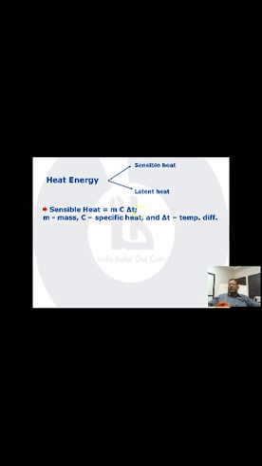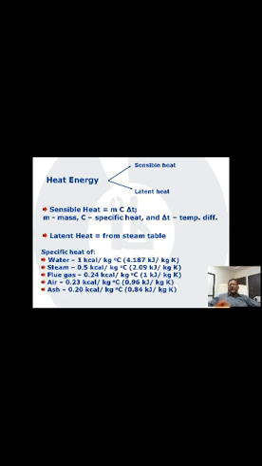So a few specific heats are required to be known by us, and I'll give you a list of that. The latent heat, you can always calculate from the steam table. In fact, during my video tutorial on the properties of steam, I'm going to cover this. You need to remember some specific heats.